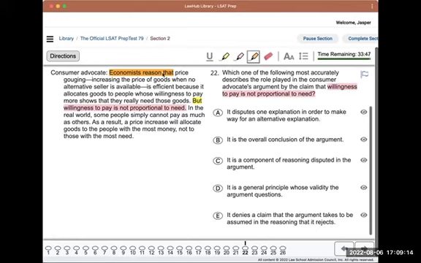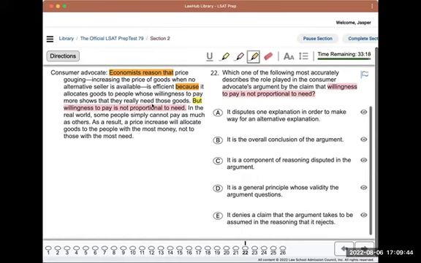All right. So economists have come to this conclusion, that price gouging is efficient because it allocates goods to people whose willingness to pay more shows that they really need those goods. So this statement is kind of calling into question the evidence that the economists have for their conclusion.